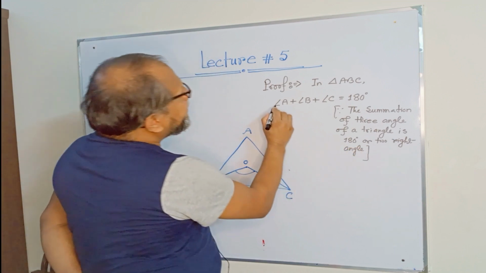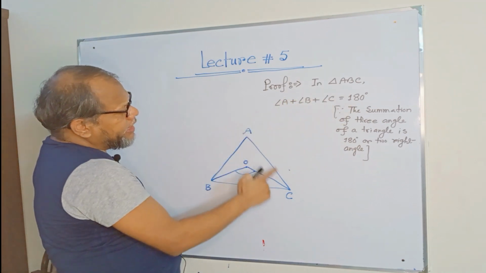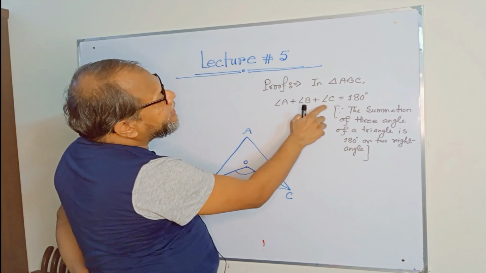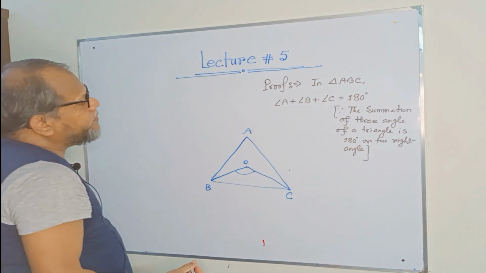So in triangle ABC, angle A plus angle B plus angle C equal to 180 degree.